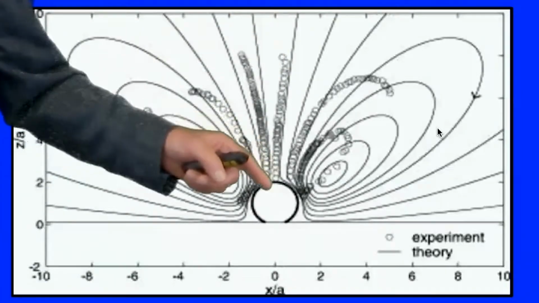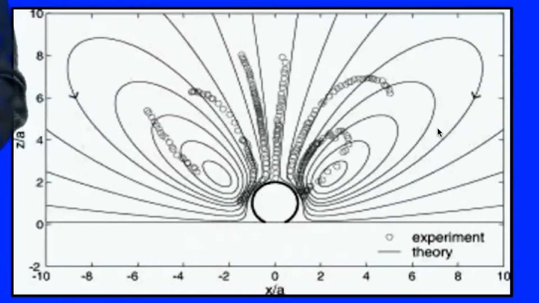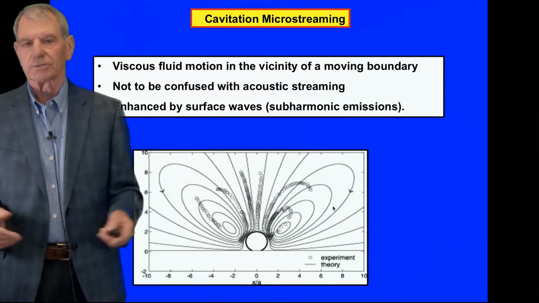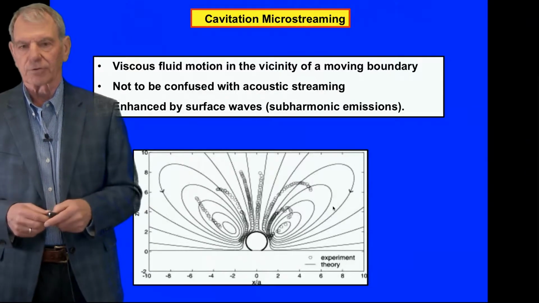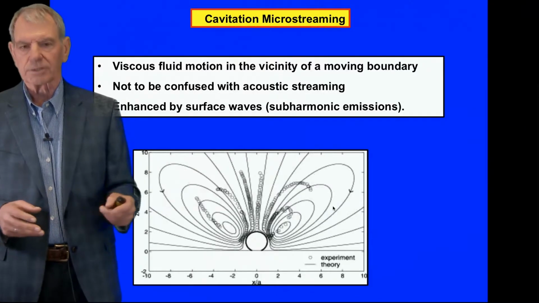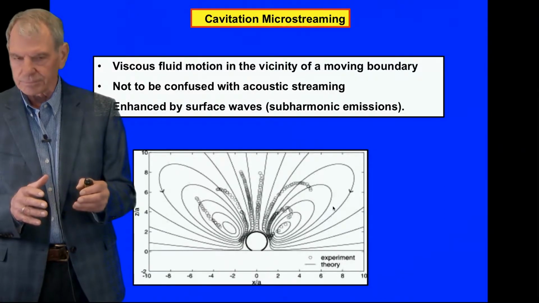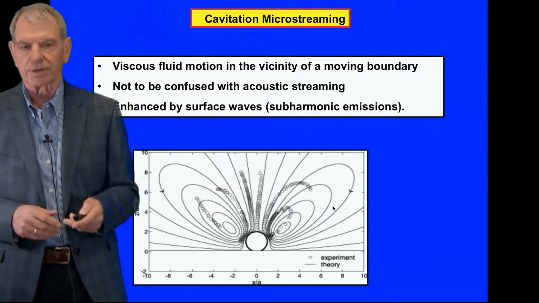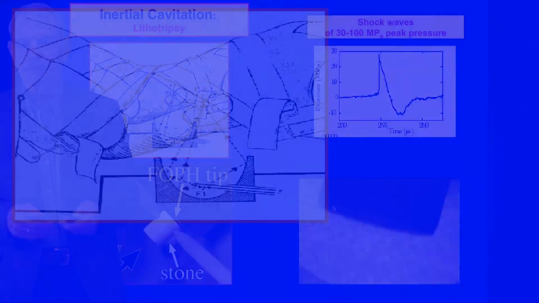And in the surface here where it's going very fast, you get shear forces that can tear apart membranes, and so you can see that this is a way to have a biological effect. As this bubble oscillates, you can get surface waves on the bubble, and you can get subharmonic emissions. Now, we'll talk about that later, and that's a way to measure stable cavitation, the emission of subharmonic emissions.